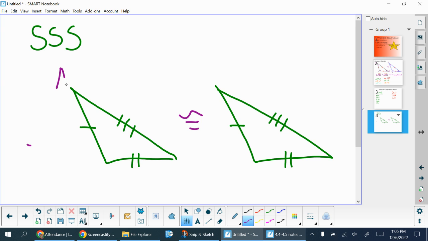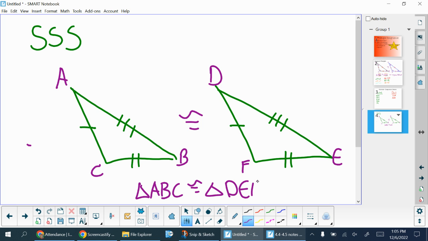So if I call this one A, B, C, and D, E, F, because those 3 pairs of sides are congruent, I know that triangle ABC is congruent to triangle DEF. That's what the SSS conjecture is saying: that 3 pairs of sides is enough information.